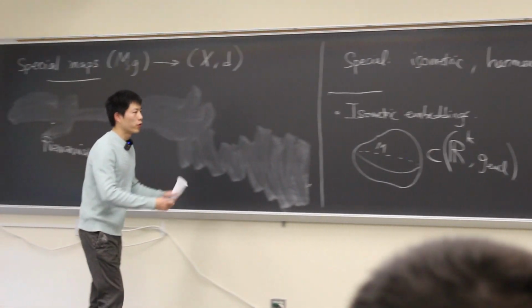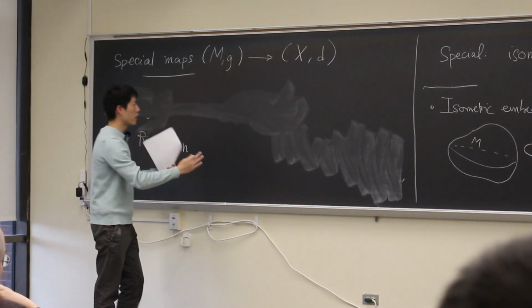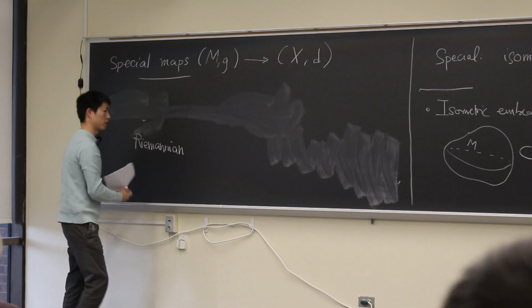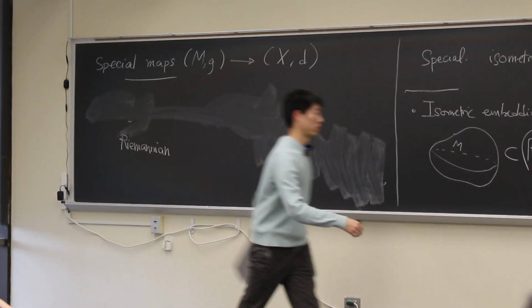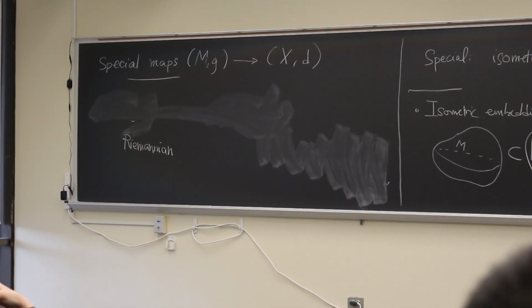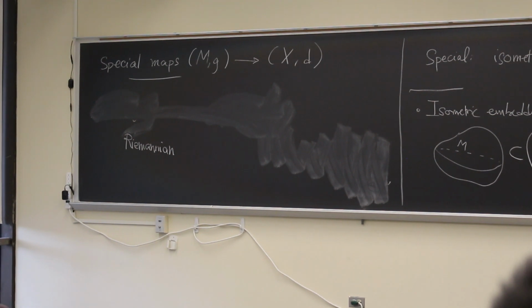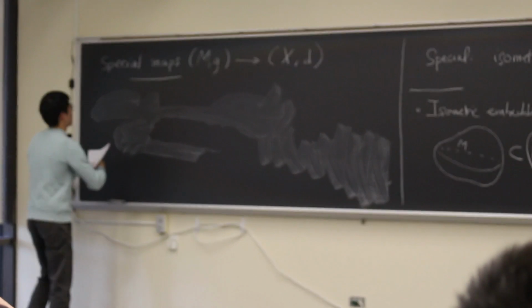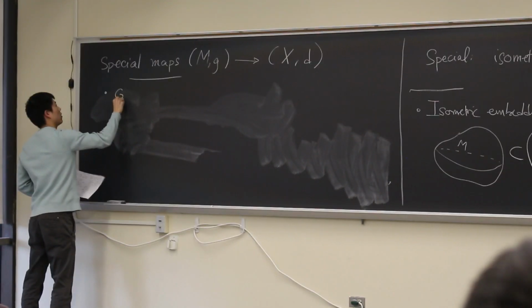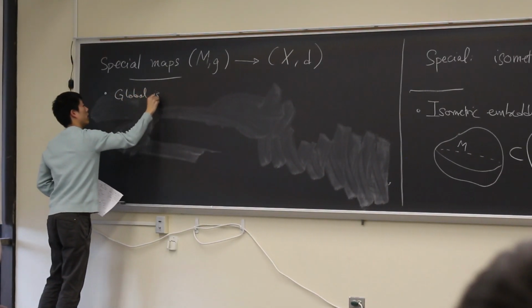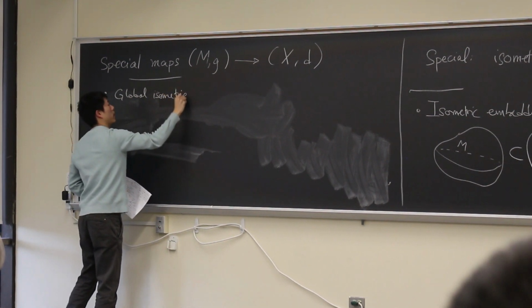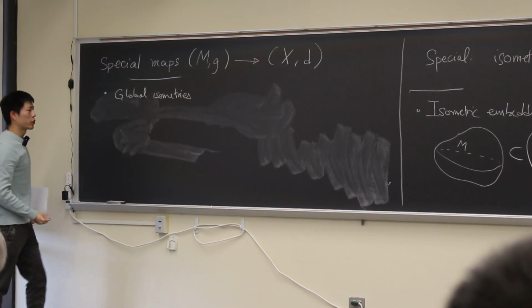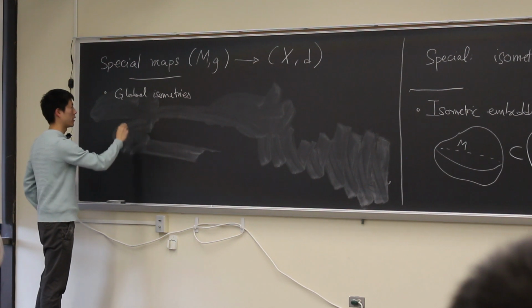All right, so this is Riemannian isometries. I want to talk about metric global isometries. I want to emphasize that global isometries are something different from Riemannian isometries.